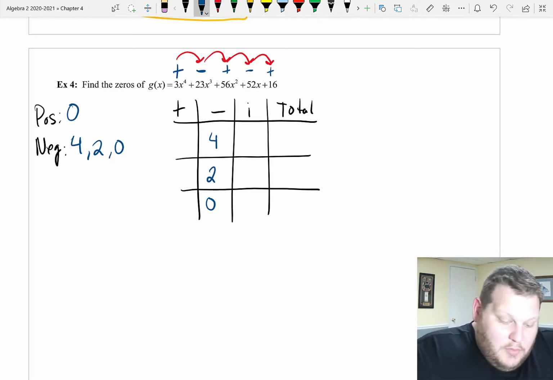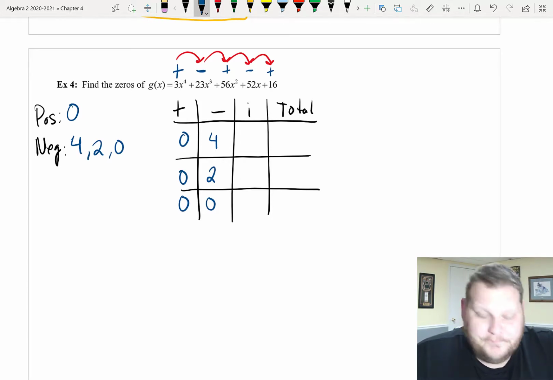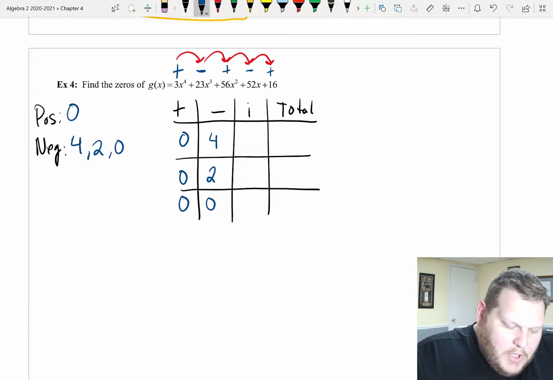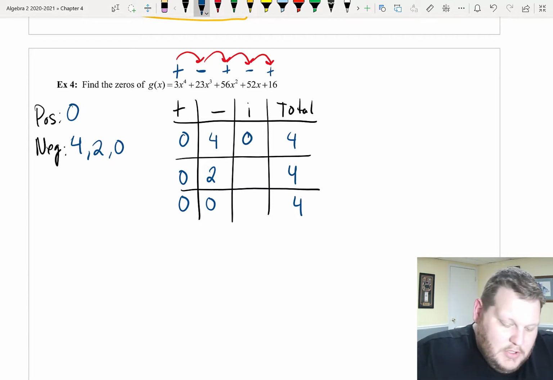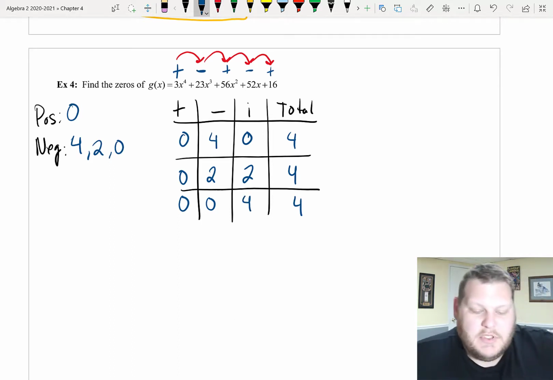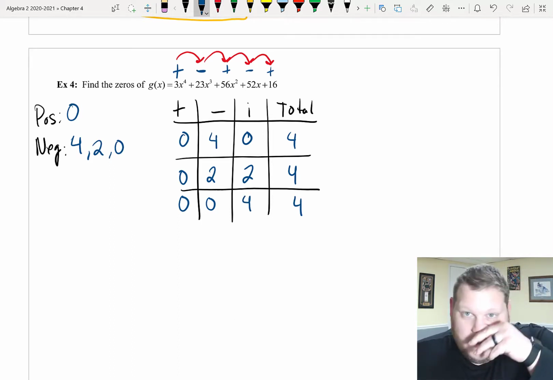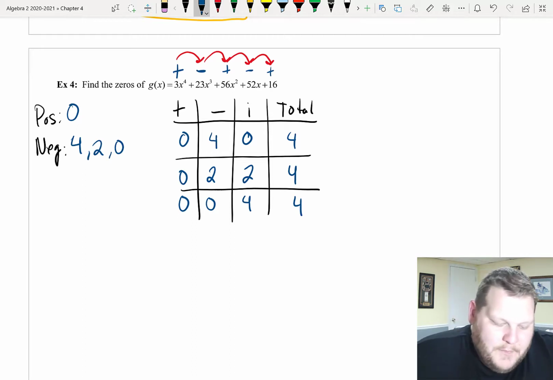For our positives, we know there's not going to be any of them, so those are zeros all the way down. We know that our original degree was 4, so our total has to be 4. So you can see here we would have no imaginaries in the first case, 2 imaginaries in the second case, and then all 4 of the solutions being imaginary in the third case.